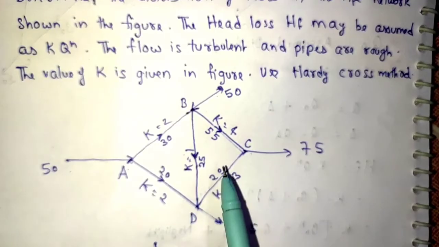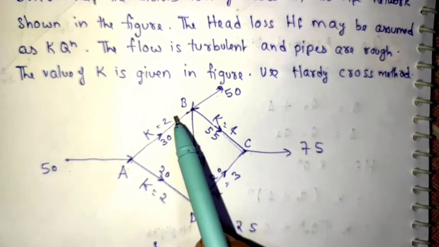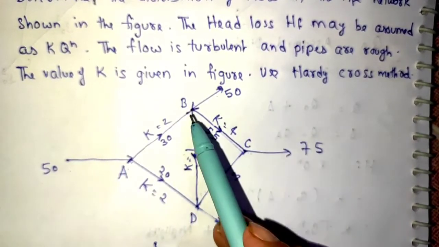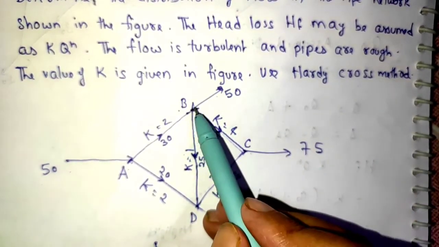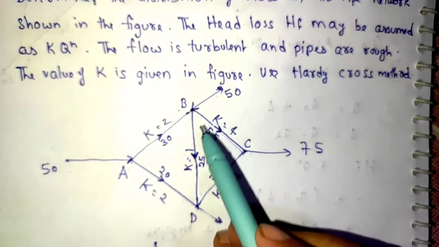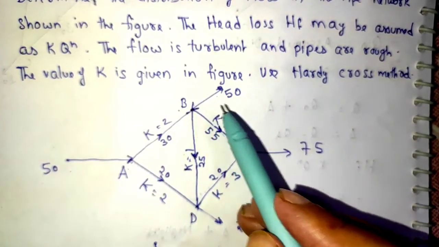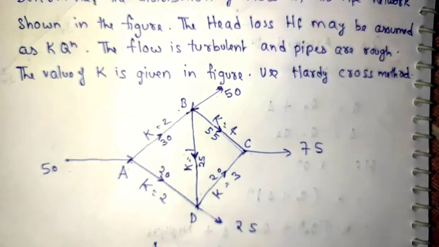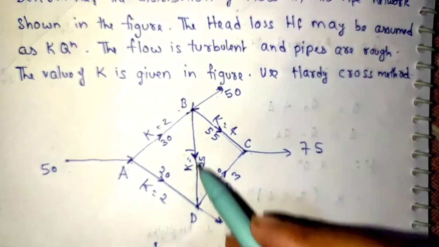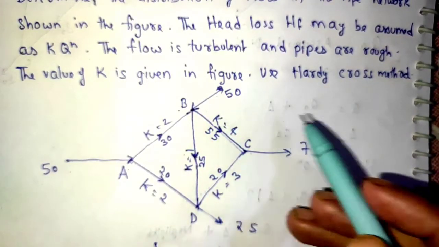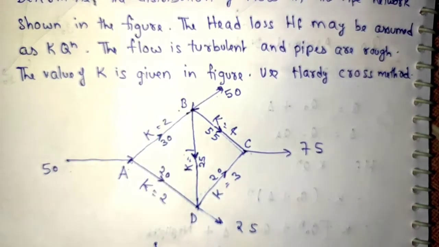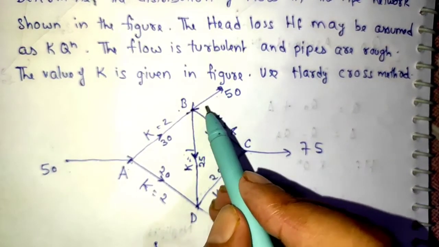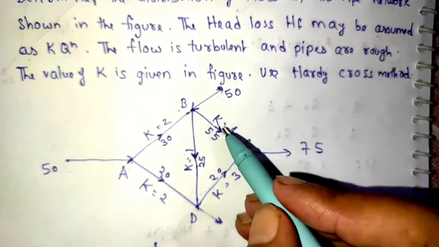Now if you see the same figure, but you change the loop from ABDA to the loop BCDB, you can see easily that the line BD is common in both the loops ABDA and BCDB, right? But when we consider the loop BCDB, this very BD that we took as clockwise will now become anti-clockwise.